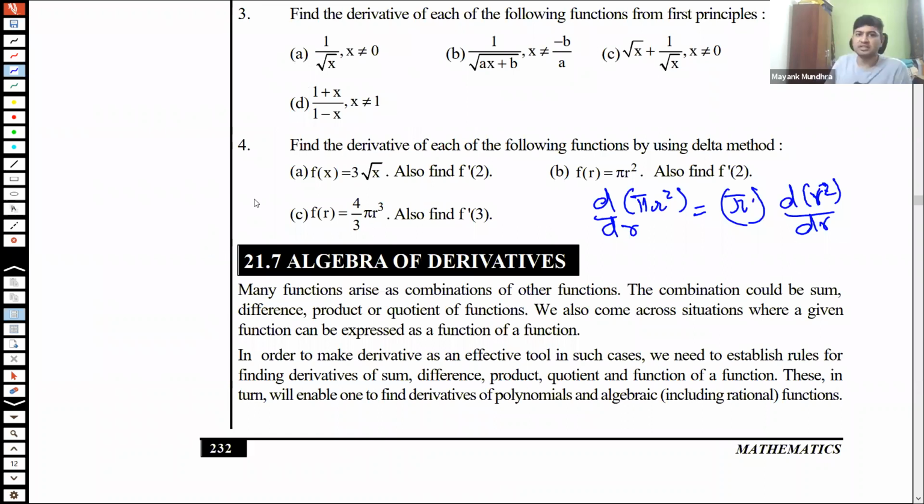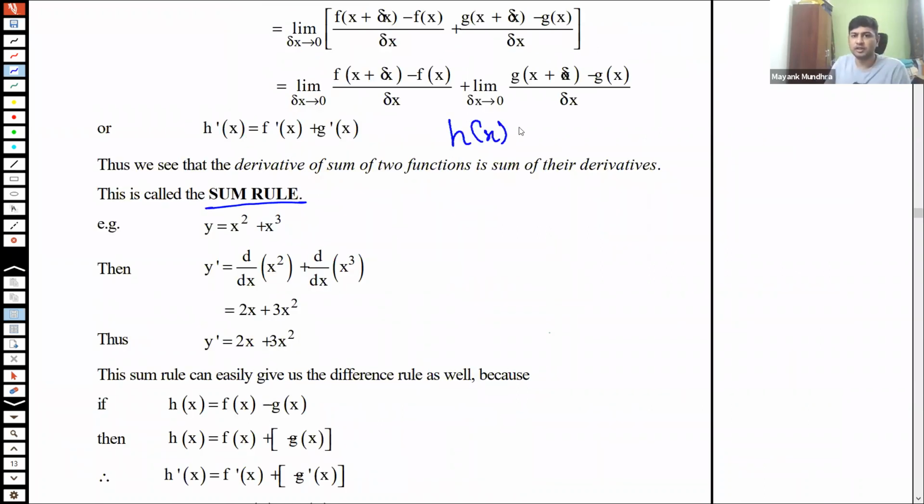The sum rule says that if you have a function h of x, which is f of x plus g of x, then this implies that the derivative of h of x is equal to the derivative of f plus the derivative of g. So by knowing all this, if I want to find the differentiation of this thing, what is going to be the derivative of this function?